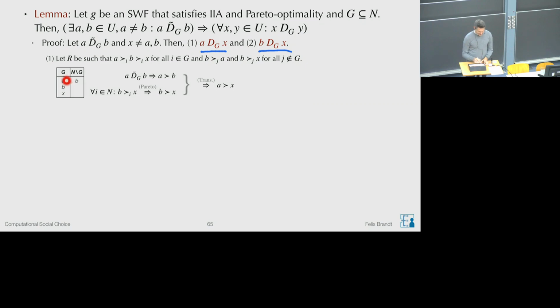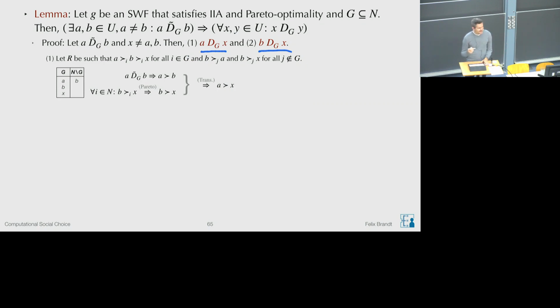The only assumption we made is that everybody in G prefers A to X. Everybody who's not in G, we don't know their preferences between A and X. It could be anything, right? It could be that they are indifferent, some of them, maybe some of them have strict preferences, we don't know. But we do know that the social outcome will definitely be A is preferred to X.